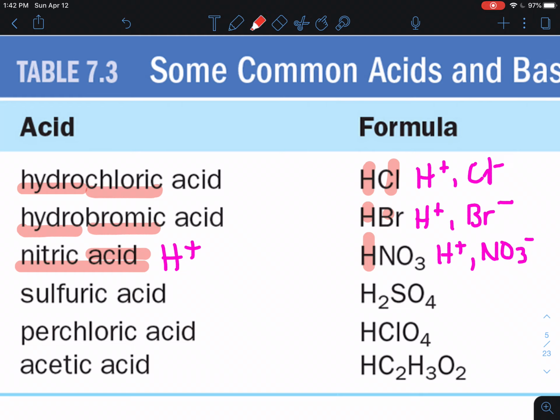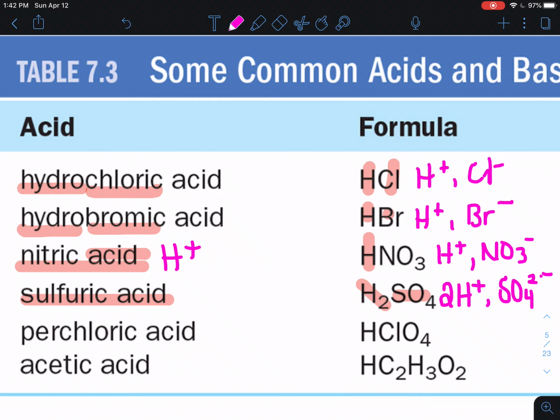Sulfuric acid, right here. Sulfuric, you can think of that as sulfate. And then we have 2 protons right there, or 2 hydrogens. So H2SO4 is going to ionize essentially into 2H+ and SO4, and you guys remember what the charge is on sulfate, it's 2-.